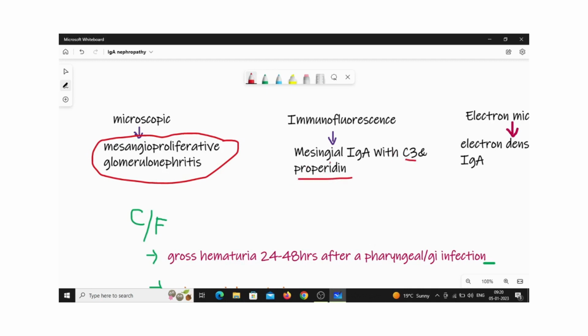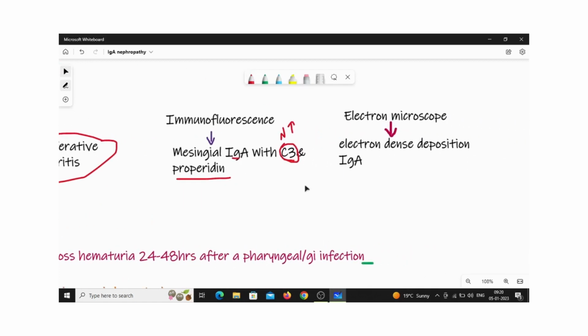These are the glycoproteins which are associated with IgA. And in IgA nephropathy, this C3 level, complement component 3, is either normal or increased. And on electron microscopy, electron dense deposition of IgA in the mesangium will be seen.